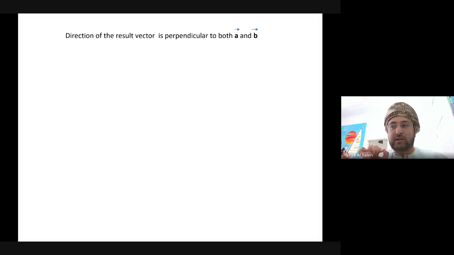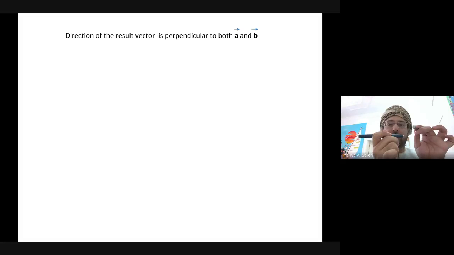It's perpendicular to both A and B. So let's do a sample problem, and Elmo is going to help us. We have vector A, and we have vector B. They are in the XY plane, like this.